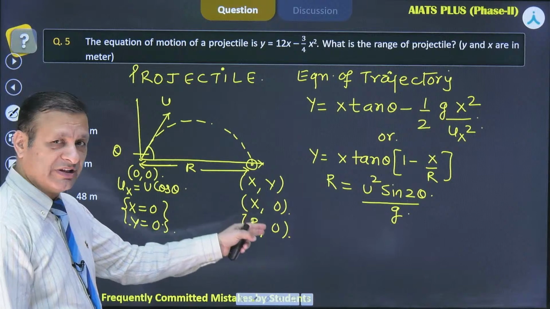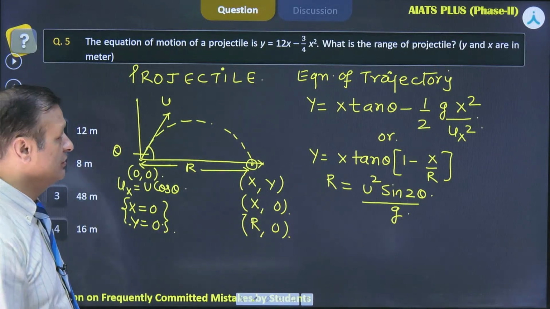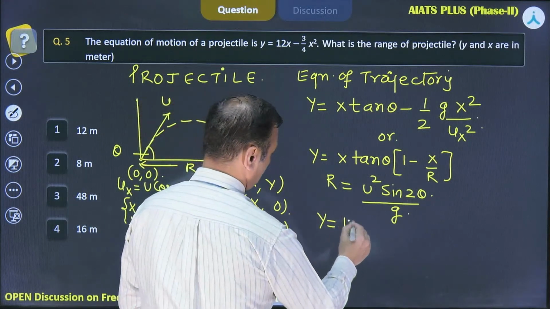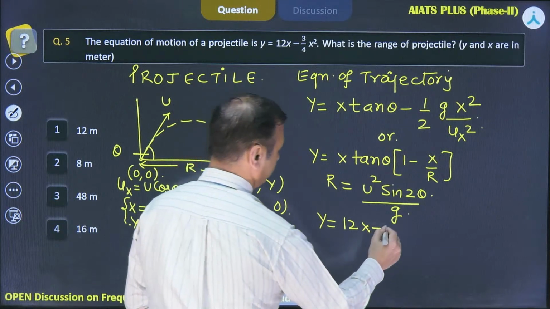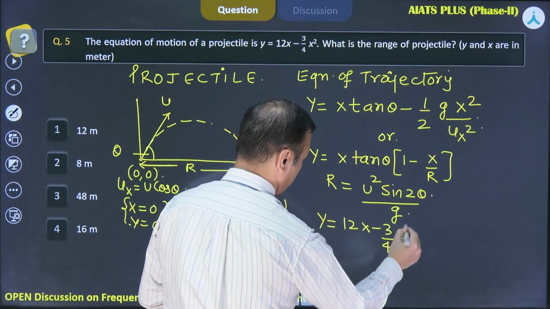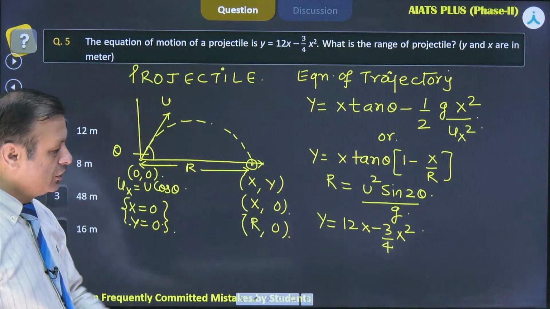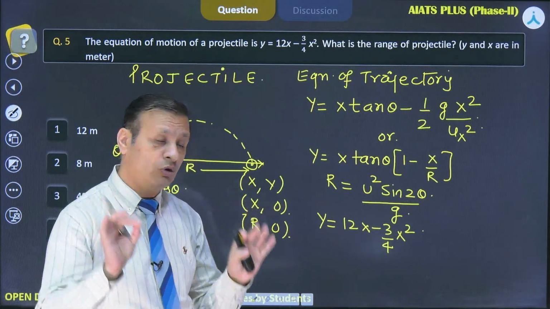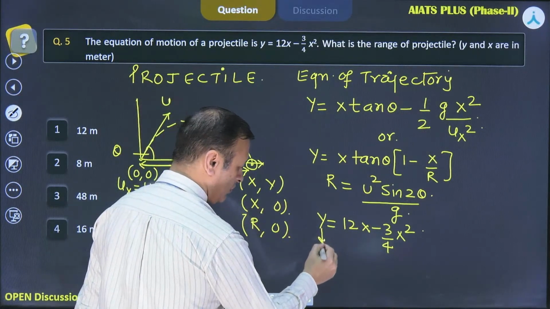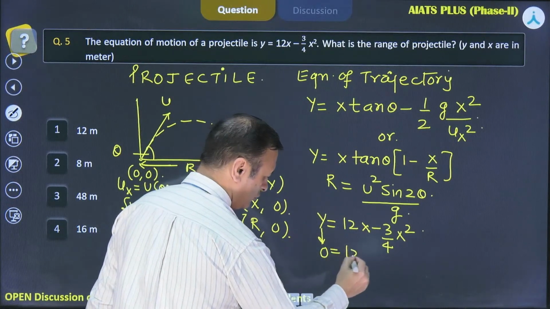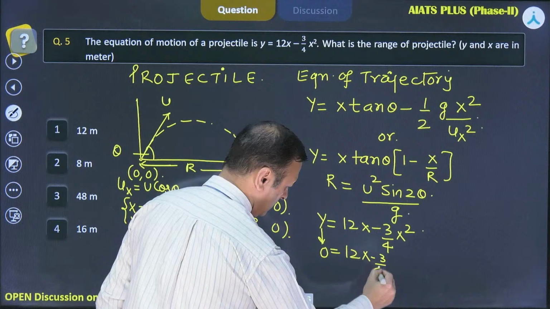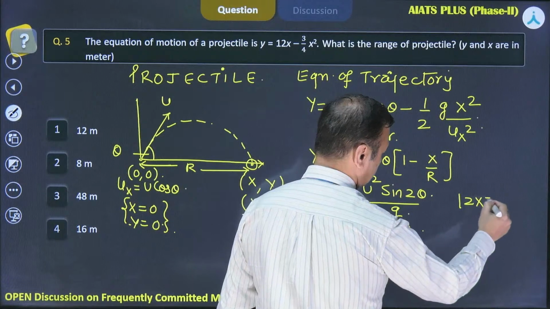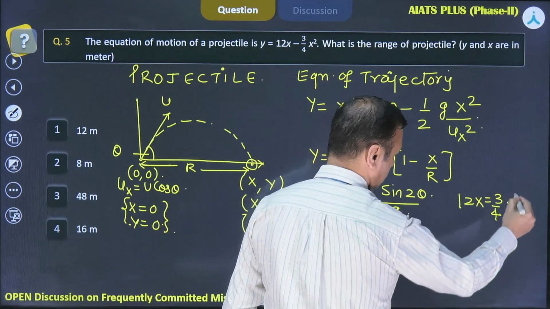Now we'll make use of this concept to solve this situation. So y is equal to 12x minus 3 by 4 x square. Ultimately we have to find the value of x at y equal to 0. So when you put y equal to 0, 12x is equal to 3 by 4 x square.